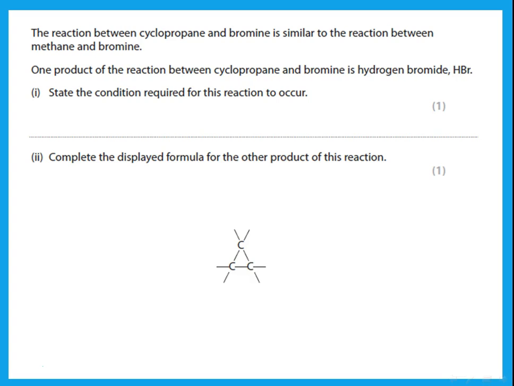We said any alkane with a halogen is a substitution reaction, and substitution reactions need UV light. Complete the displayed formula for the product of this reaction. So if this reacts with bromine, we said in substitution reactions, one of the hydrogens is replaced by a bromine. So this is your product.